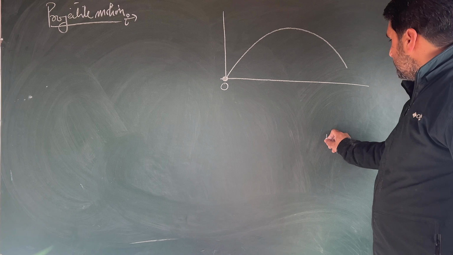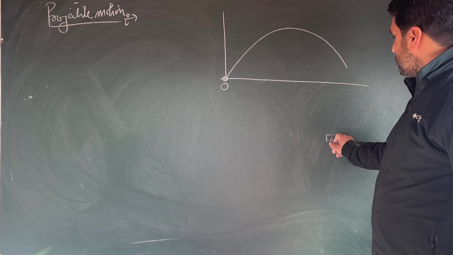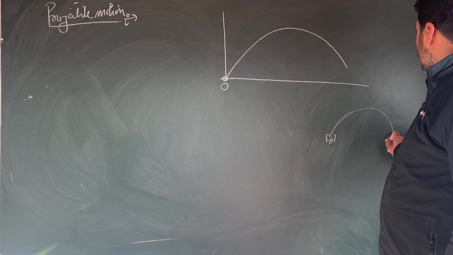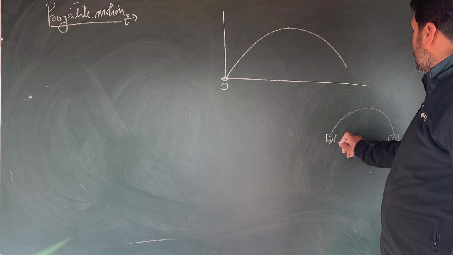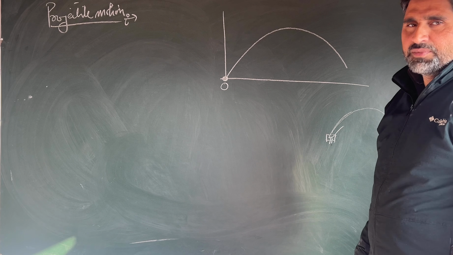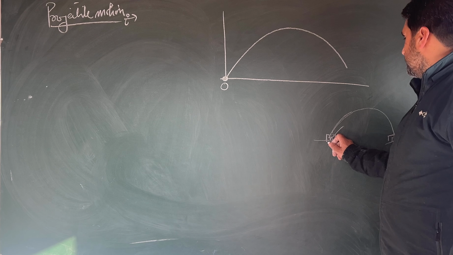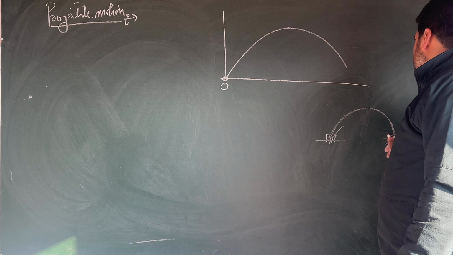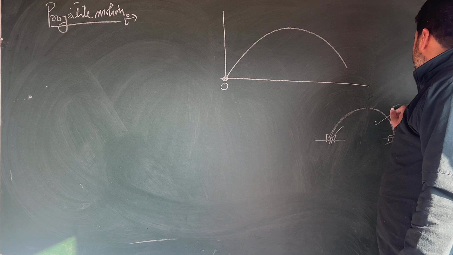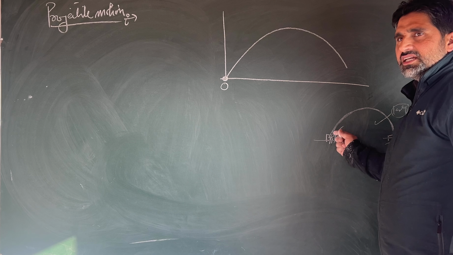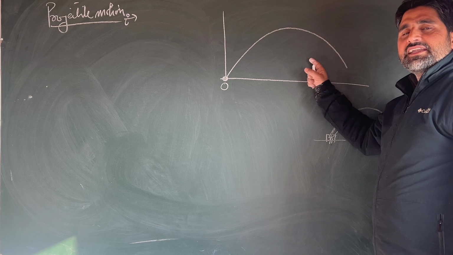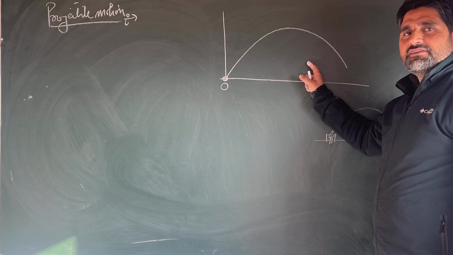Every object which takes off from the ground on its own and then reaches the next destination using an engine, like an aeroplane, taking off from one place and reaching the next place following this path, cannot be taken as projectile motion, because here the engine is working itself. But here the only force acting on the object is the gravitational force.